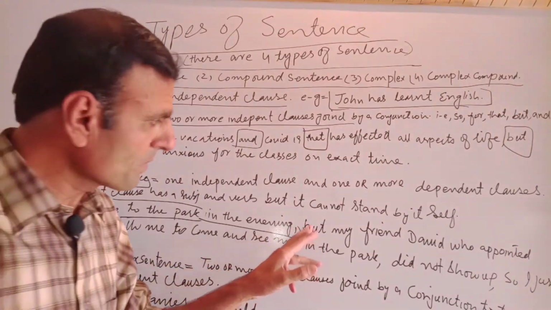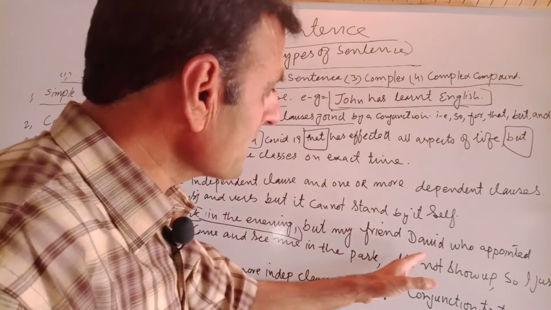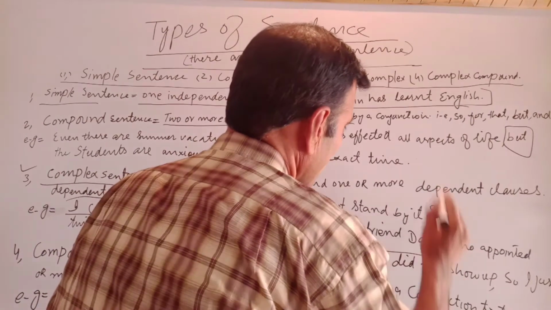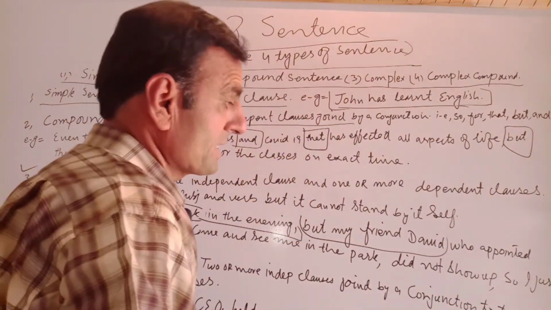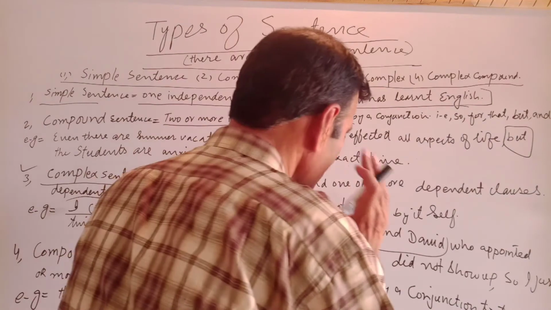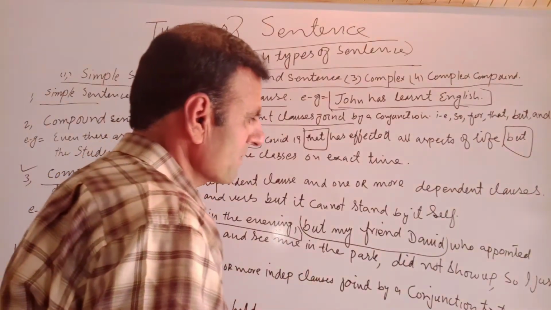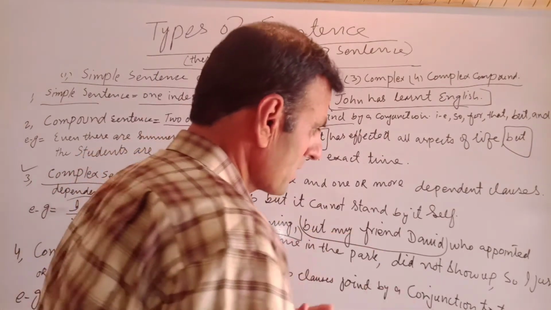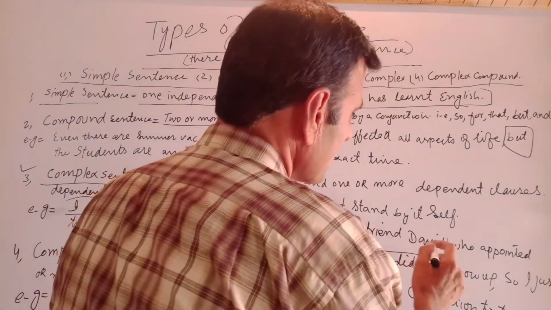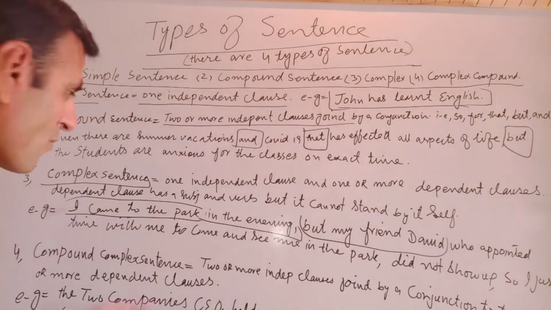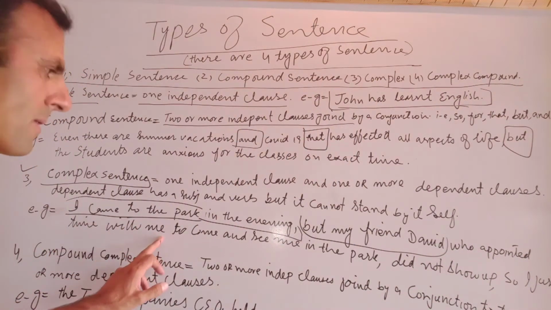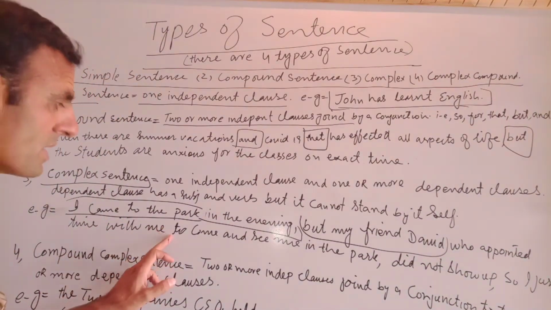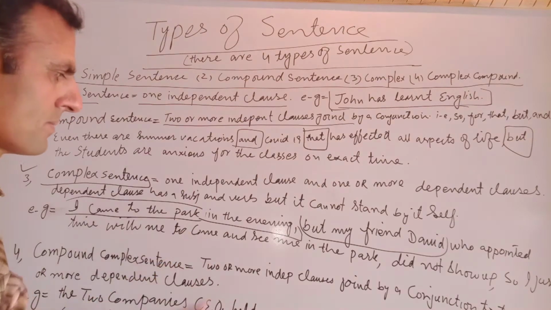Now, but is a conjunction. My friend David. Now, this is a dependent clause. But my friend David. If we put this clause by itself, it gives no idea to the reader or to the listener. But my friend David, who appointed time with me to come.